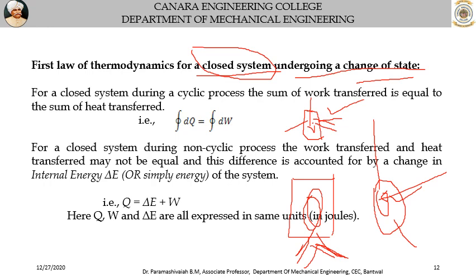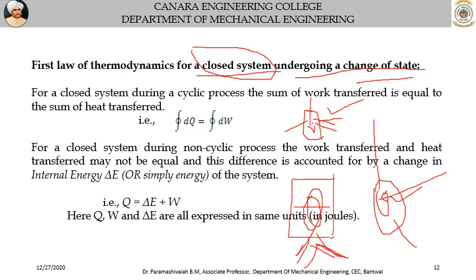Now, consider a closed system undergoing a change of state, meaning from one state to another. If you consider this cooker, it is at one state, with a fluid inside. When you supply the heat, it undergoes a change in state. Initially the temperature is T1, pressure P1, mass is M1.